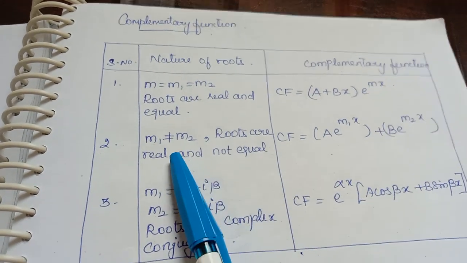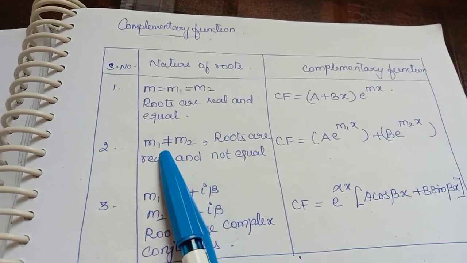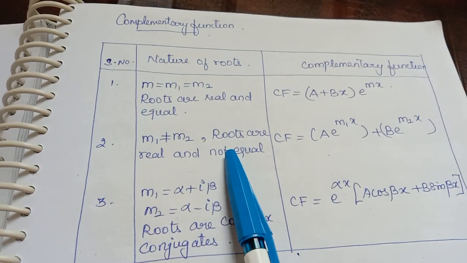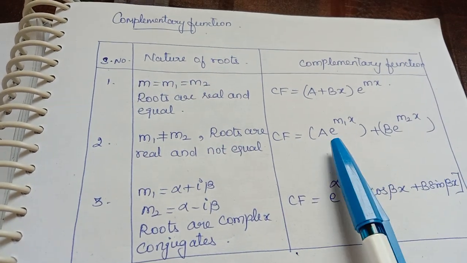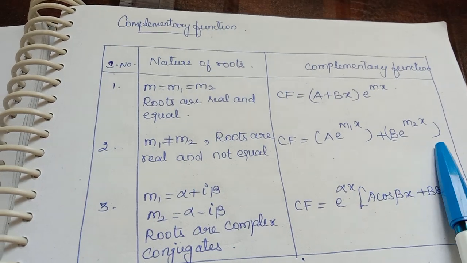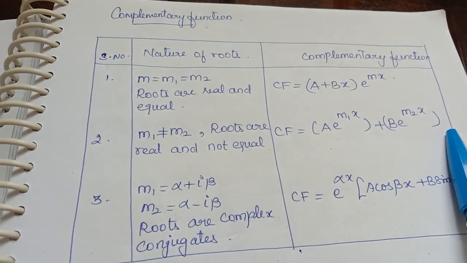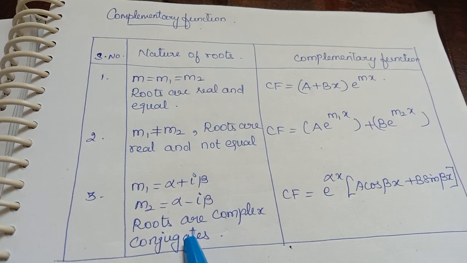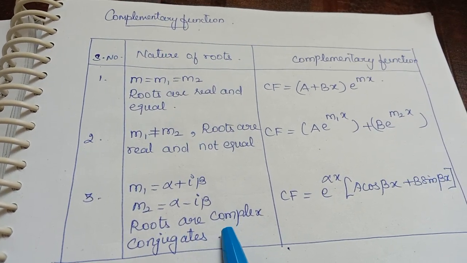Right? So if we have three roots m1, m2, m3 and all are different, in that case the complementary function will be a e power m1x plus b e power m2x plus c e power m3x. When you have complex conjugates, I already told you they occur only in pairs.